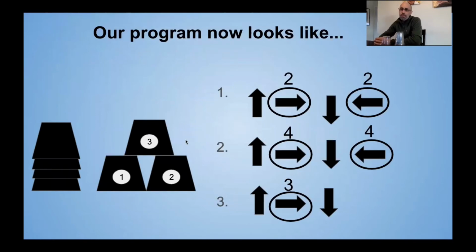My program that was really long before now looks like this. It says the exact same thing, it's just a whole lot shorter. If I look at number 1, I pick cup up. Now there's the arrow forward with a circle, and it says the number 2 above it. That tells my robot to move 2 forward. 1, 2, put cup down.